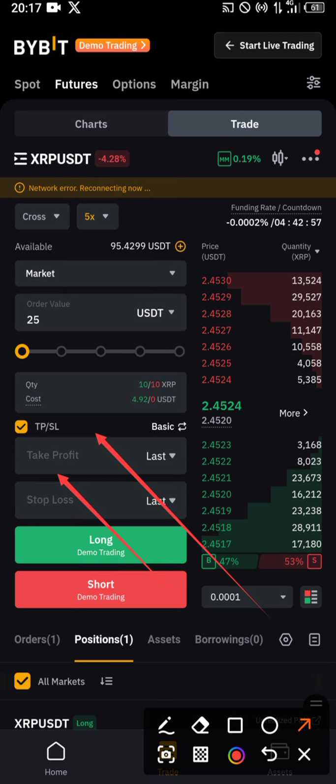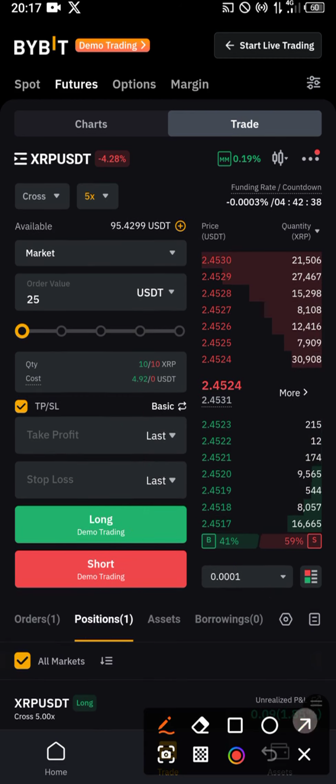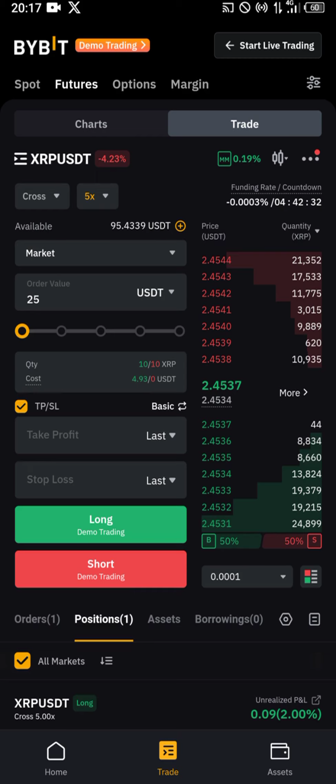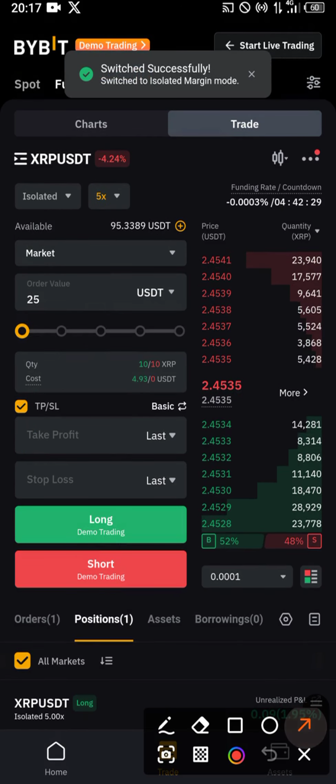So let's move to understanding liquidation and how to avoid it. What exactly is liquidation? Liquidation is when you lose all the money, all the margin in a trade. Now, remember the other time I said we are risking 4.92 if we select isolated?